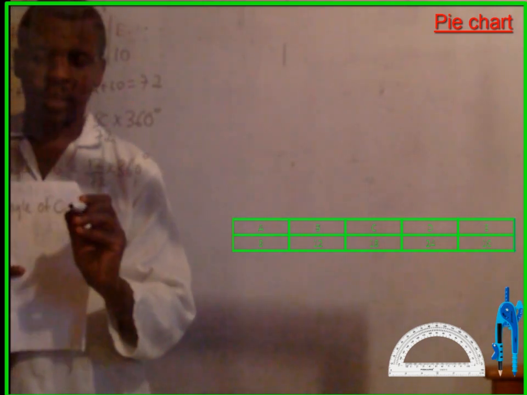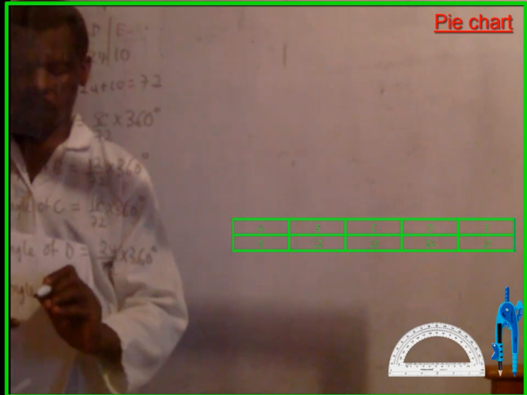The angle of C will be equal to 18 over 72 times 360 degrees. The angle of D will be equal to 24 over 72 times 360 degrees. The angle of E will be equal to 10 over 72 times 360.